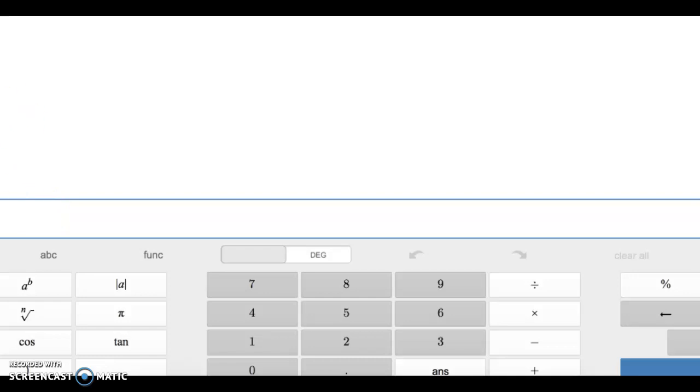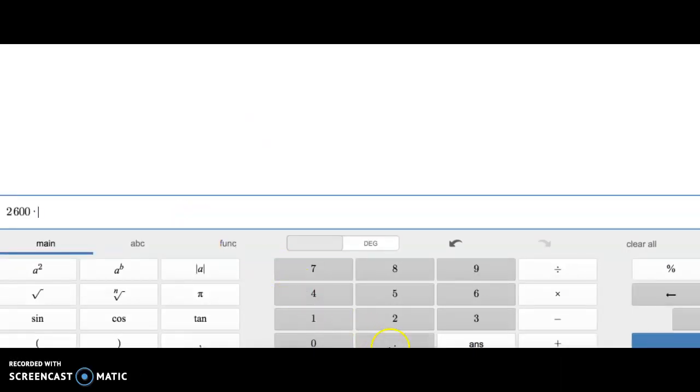I have the Desmos calculator, and I'm doing 2600 times 0.16, and then I press enter. It tells me that the answer is 416.